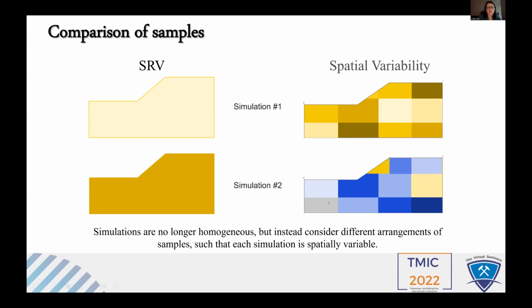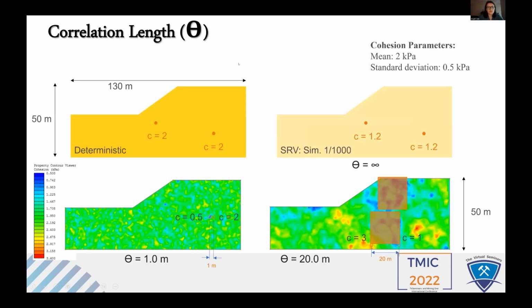But of course, it's not as simple as just saying cohesion here is 50 and here it's 1, because probably you wouldn't see such a drastic transition in real life. So that's where the correlation length comes in. Correlation length describes over what distance the parameters are similar.